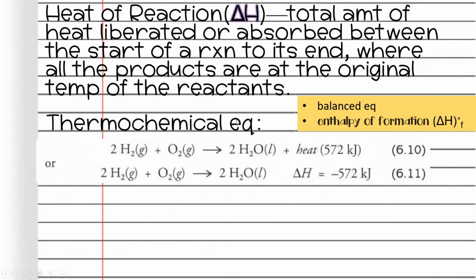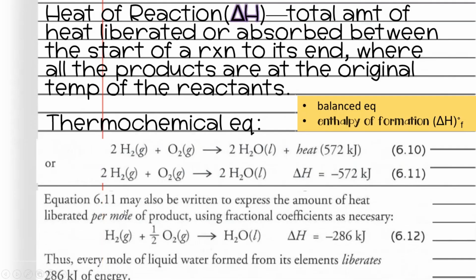You know it's a thermochemical equation if, number one, it is a balanced equation, and number two, it includes the heat or has it added in some way. So it'll have an amount written in joules or kilojoules beside it. Either it will say delta H equals whatever, or it will say plus heat on one of the sides, on the reactants or the product side, and tell how much it is.